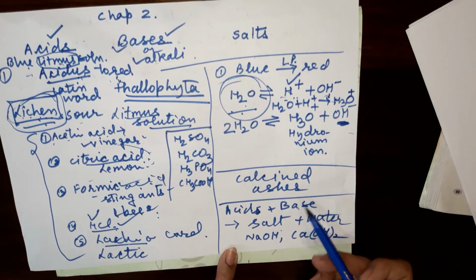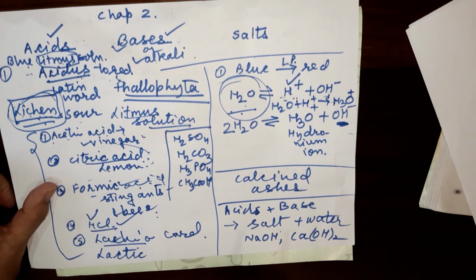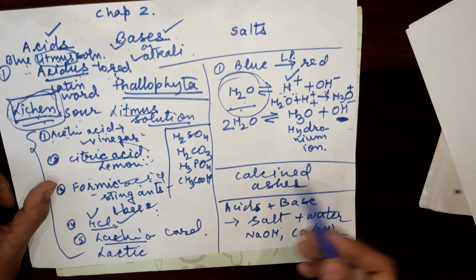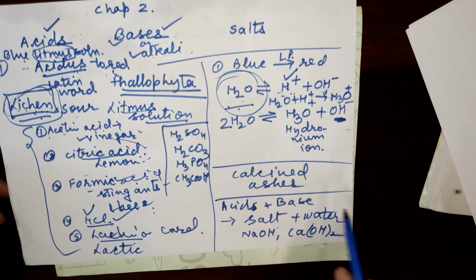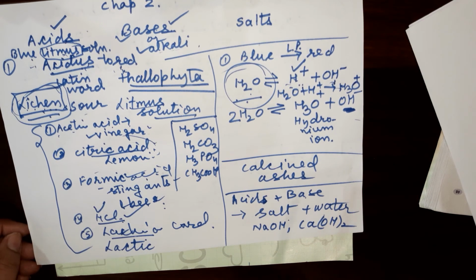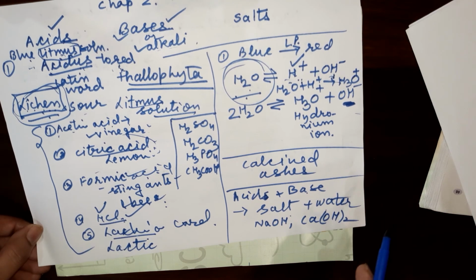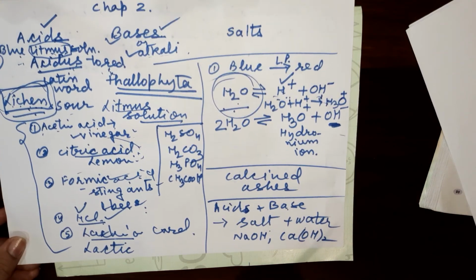Then bases are calcined ashes; when plants are burnt they convert into ashes. I told you the difference between base and alkali: those bases which dissolve in water are known as alkalis. In a neutralization reaction, when acid and base react together, they form salt and water.